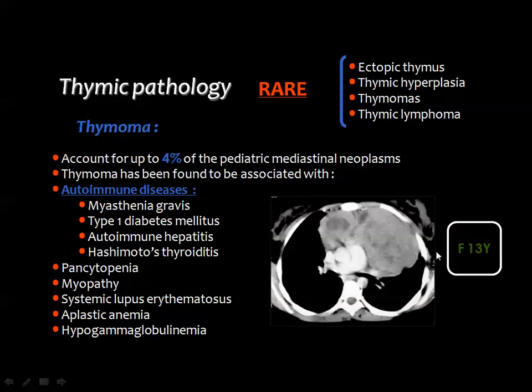And in cases of thymic neoplasms or thymoma, you see a big mass in the anterior mediastinum conforming to the anatomic location of the thymic gland.